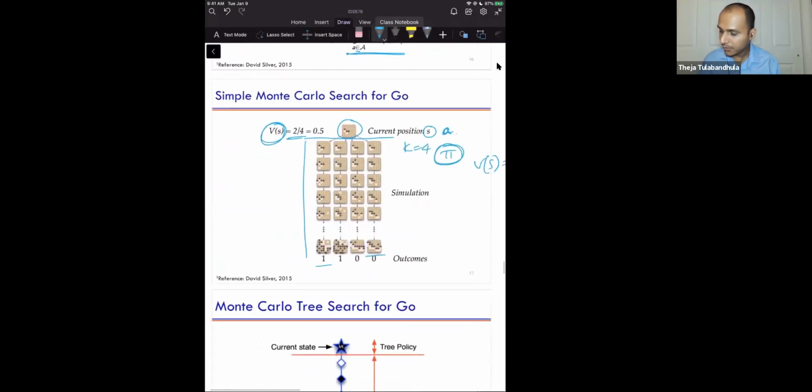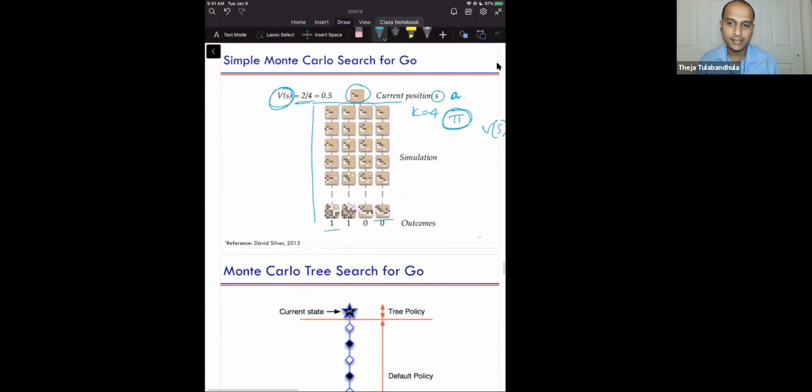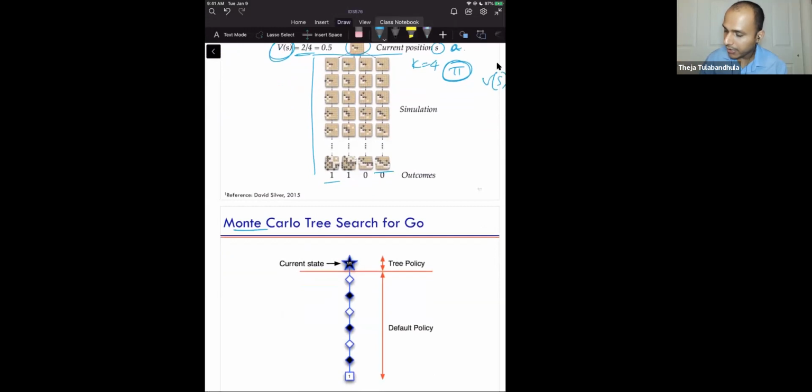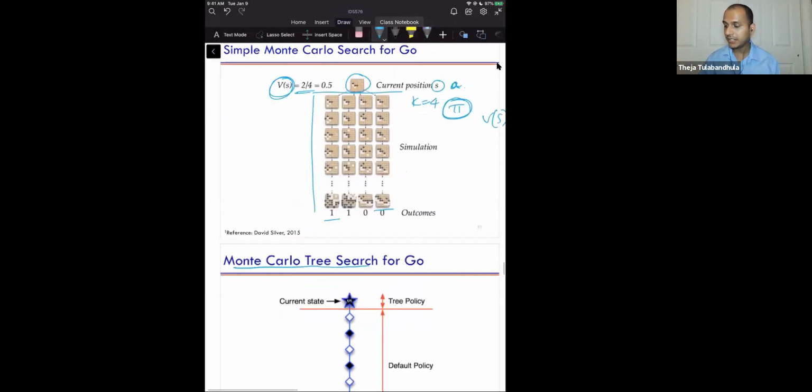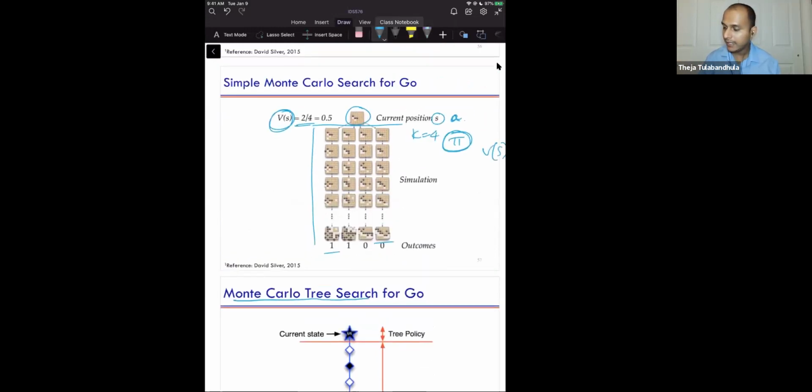Now let's talk about the key idea in AlphaGo and all the subsequent models by, for example, DeepMind, including AlphaZero and AlphaGo Zero and so on. The key idea is something called Monte Carlo tree search. The purpose of introducing Monte Carlo tree search is to improve on Monte Carlo search.